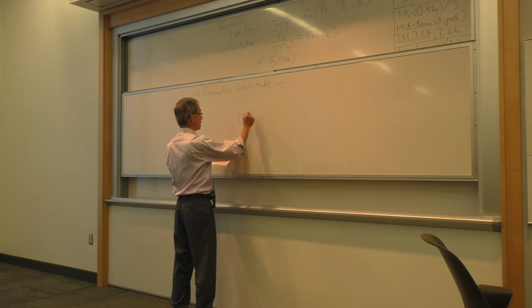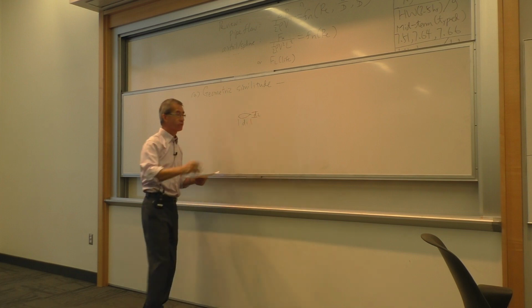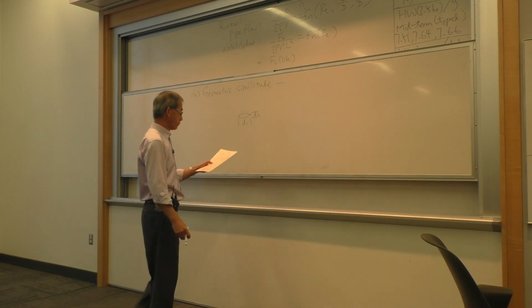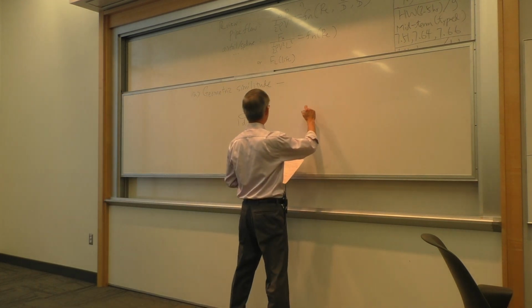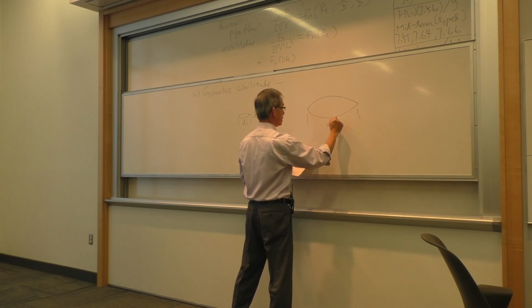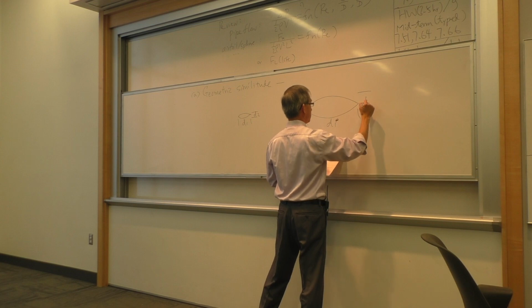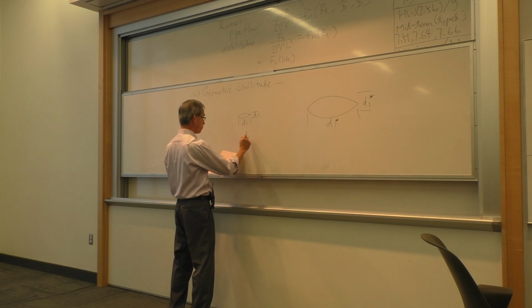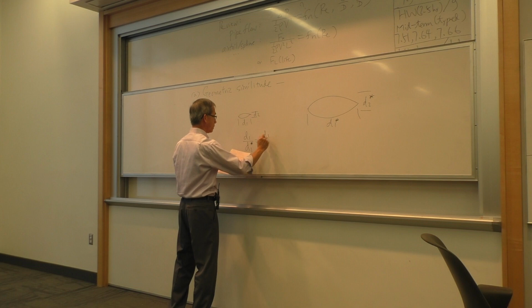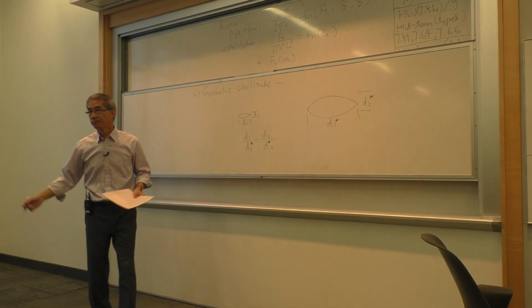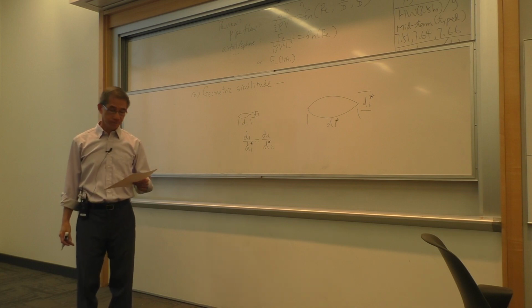So here's a very simple cartoon to illustrate that. An airfoil or bream, which is a teardrop shape. For the model, I have dimensions D1 and D2. My prototype, which is considerably bigger, has D1 star and D2 star. By geometric similitude, all I'm referring to is, if I take a picture of one and either enlarge it or shrink it, it will look exactly the same as the other.